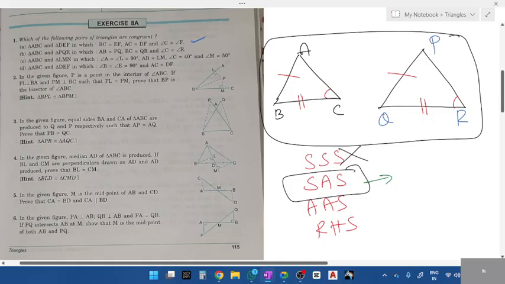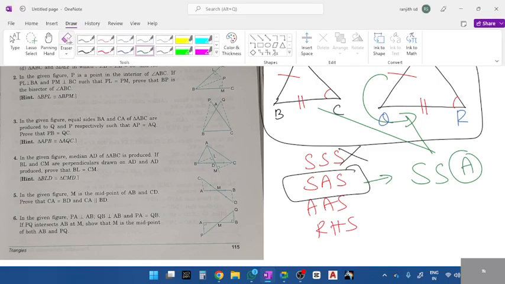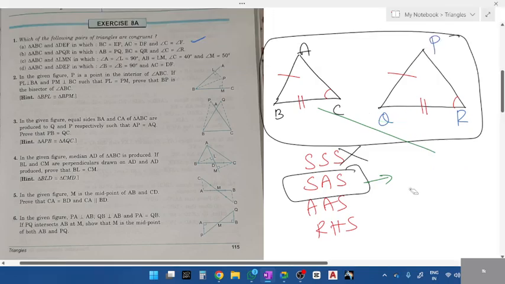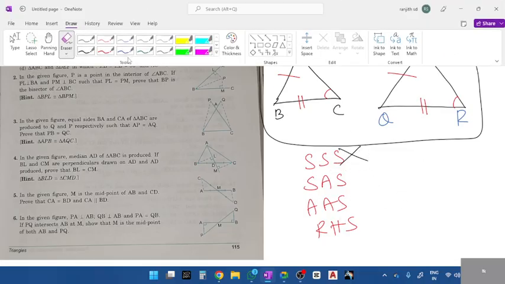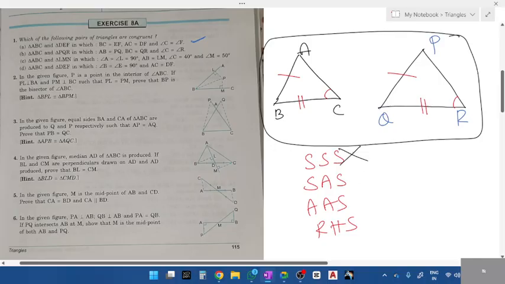Bhargavi, what is the combination we have from this? One side is given, after that, another side. Then, is the angle given in between? Does the angle come in between? No, right? Which criteria does it follow? It doesn't follow any criteria, right? It should follow one of these criteria, students.